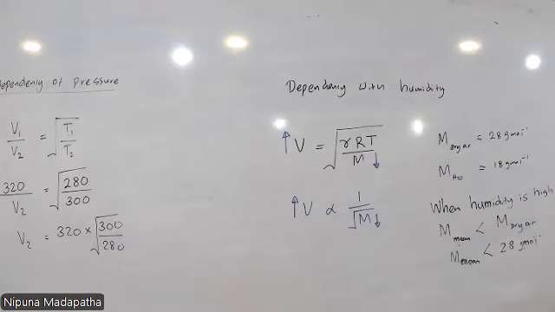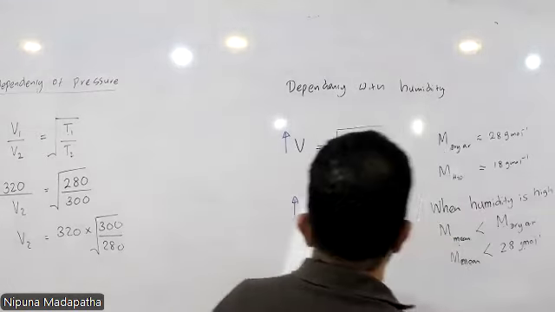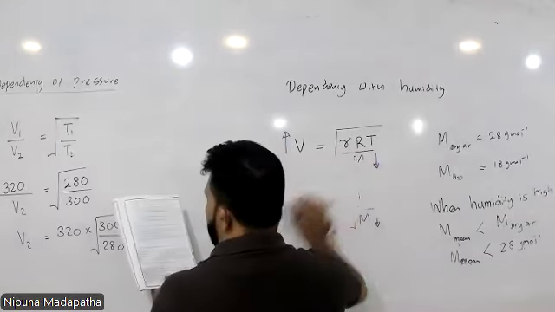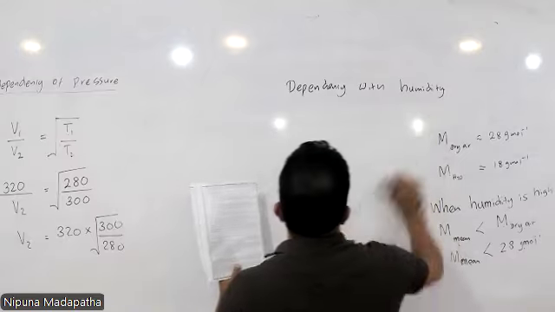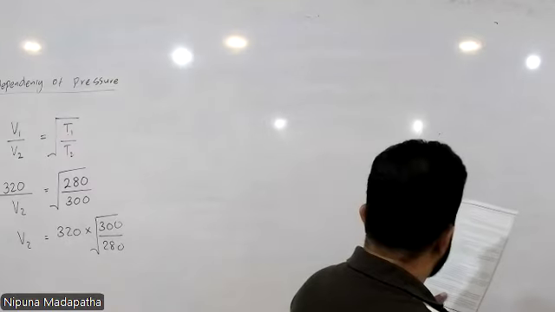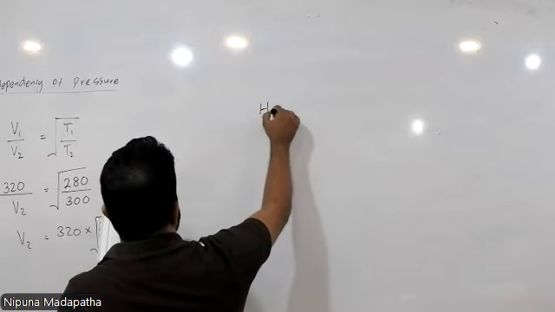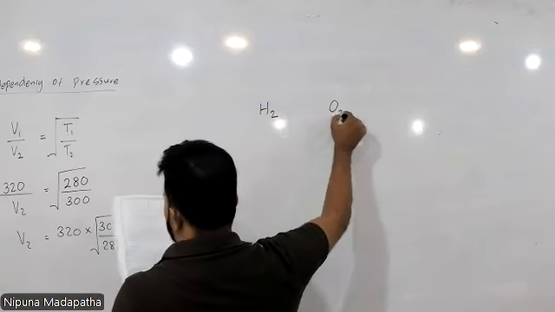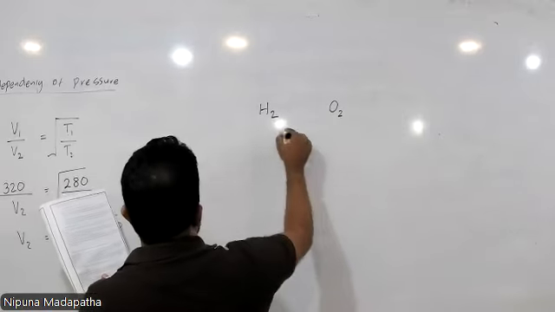See, what should be the temperature for the speed of sound in hydrogen gas to be the same as the speed of sound in oxygen at 727 degrees?